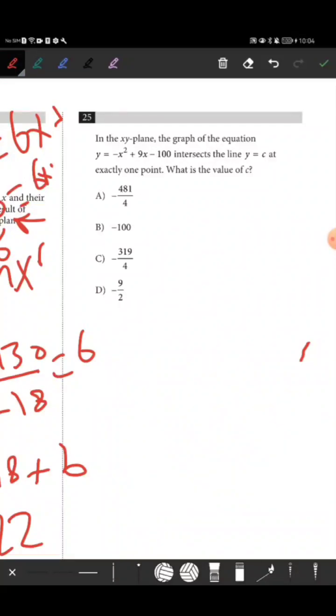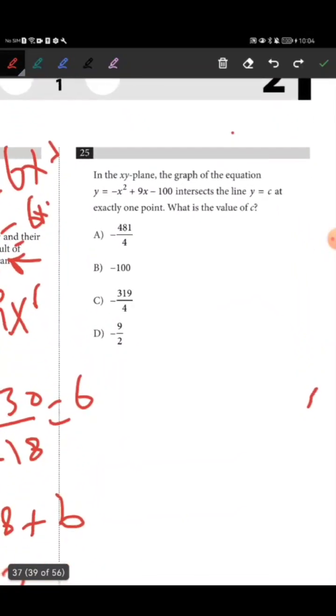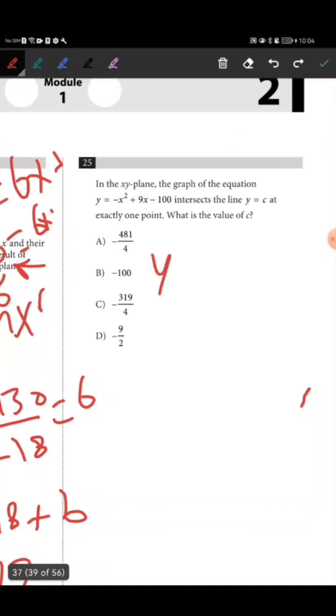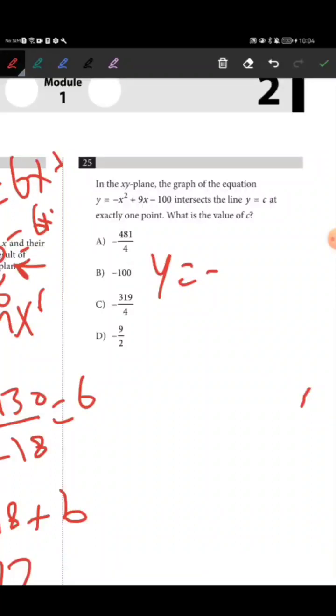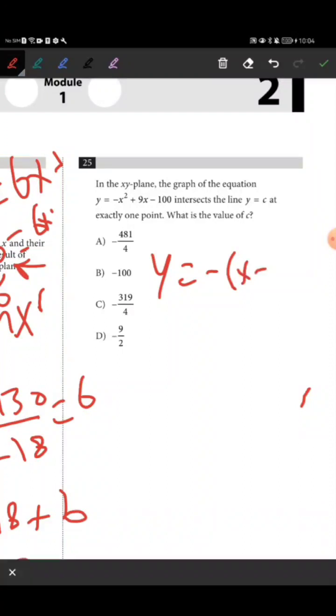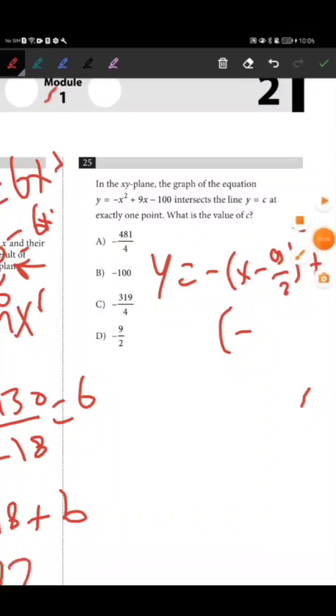So y equals minus (x minus 9 over 2) squared minus 319 over 4. How did we get this equation?